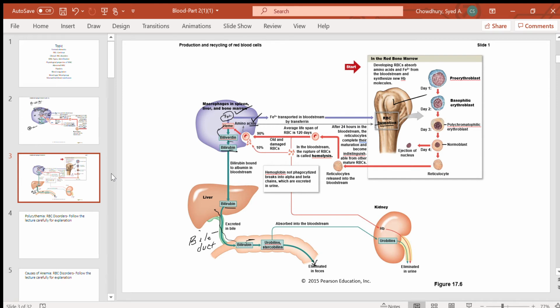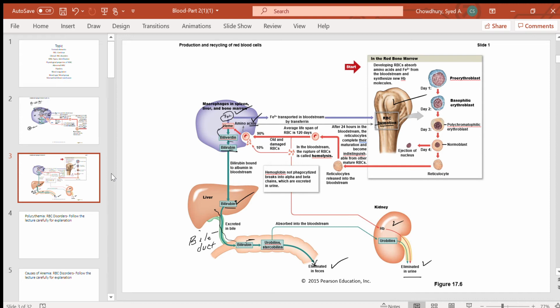Okay, that's why the stool is yellowish color, because of this bilirubin, right? And small amount of bilirubin will go to the kidney, and through the kidney will get out with the urine. So these are the two ways the bilirubin is excreted or eliminated.